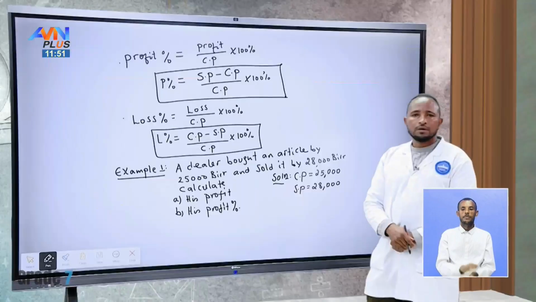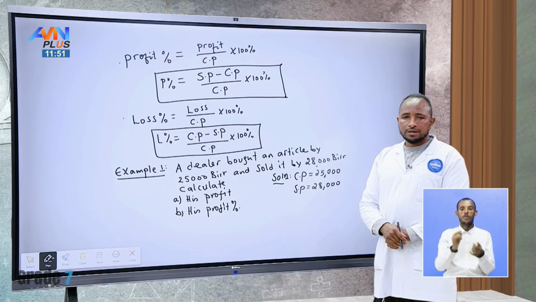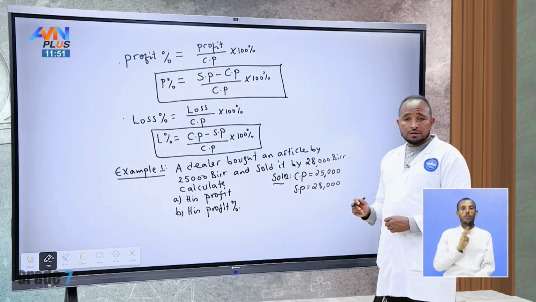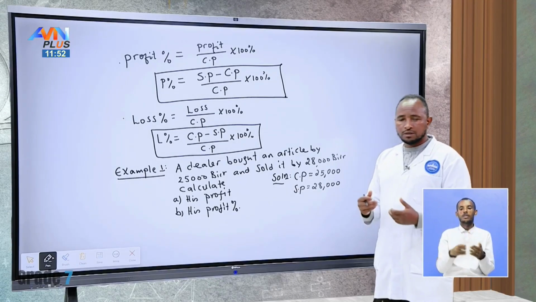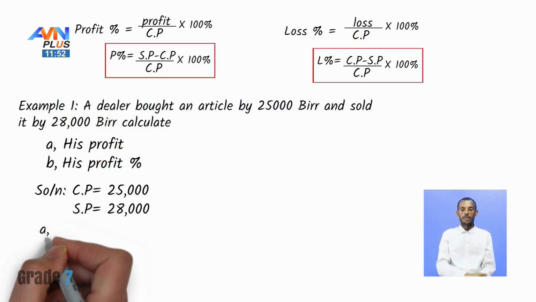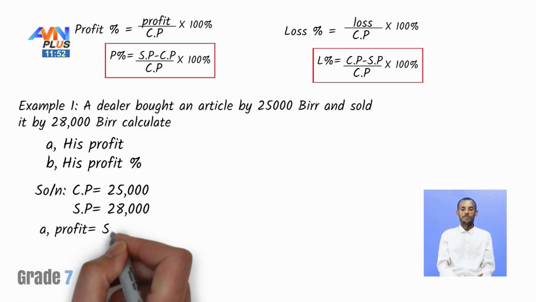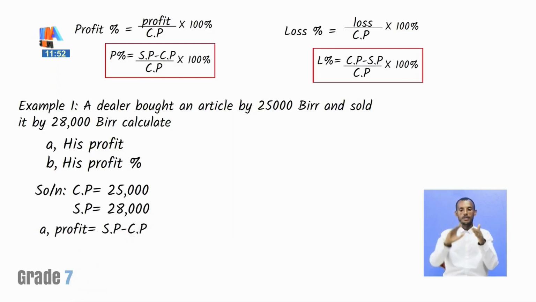Now, the first question is, we are asked to calculate the profit. As you can see here, he sold more than the cost. Therefore, he has a profit. And the profit is obtained by profit equals selling price minus the cost price.